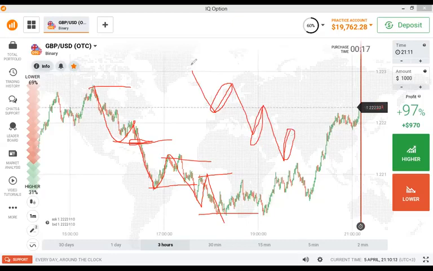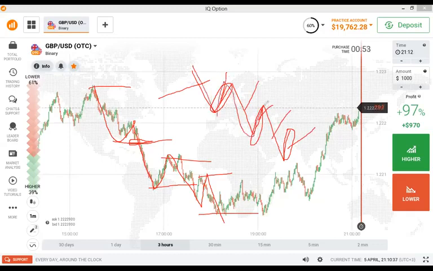Why is this one the impulsive move? Another way we call this move is a corrective move. Impulsive, corrective, impulsive, corrective, impulsive, corrective. It's just like breathing in, breathing out, breathing in, breathing out. So that's why we call it an impulsive move or a corrective move, or we call it a retracement move.